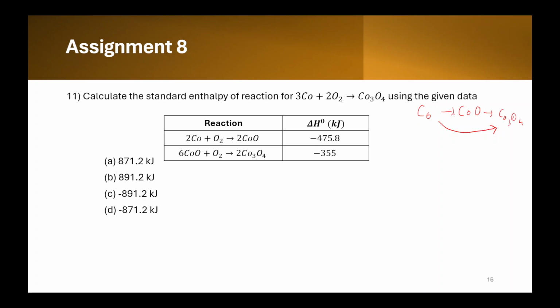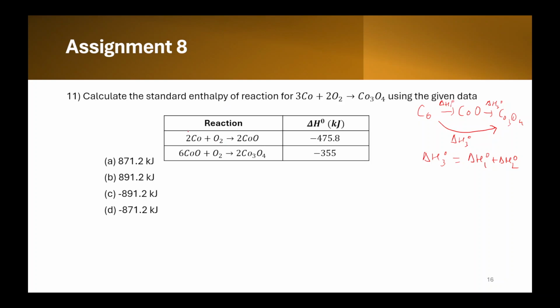And this is one route given here. So what we have is delta H1 naught, delta H2 naught, okay? And this is delta H3 naught. So delta H3 naught will be delta H1 naught plus delta H2 naught. You get it? So that is what we need to do.